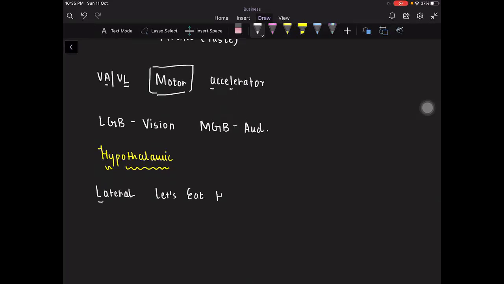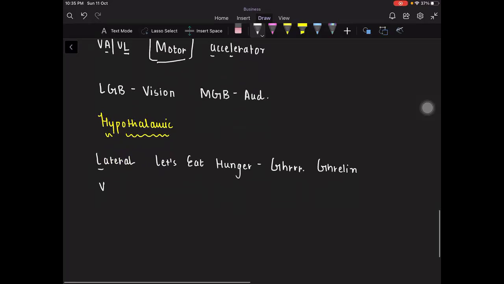So it is responsible for hunger. And what is the neurotransmitter associated with hunger? Ghrelin. And your ventromedial is responsible for satiety. And what is the neurotransmitter associated with satiety? Lexin. No, leptin. Okay. Right?